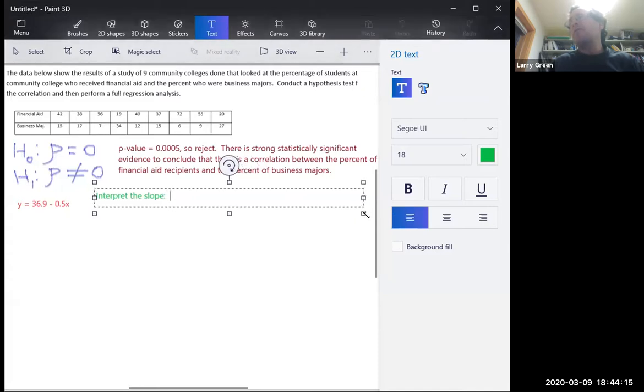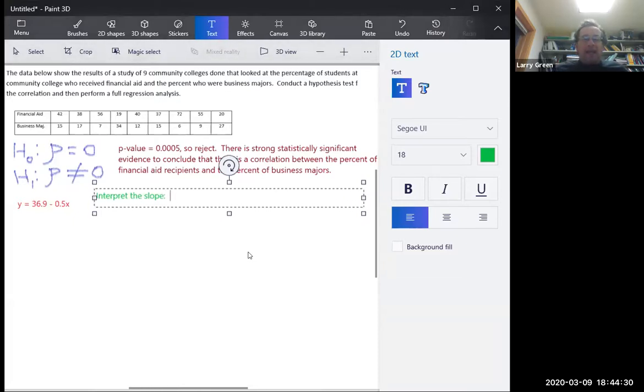First thing, the slope is negative 0.5. We could also look at it as negative 0.5 over 1. And remember, the slope is a rise over the run. The rise is the increase in financial aid students, and the run is the increase in business majors.